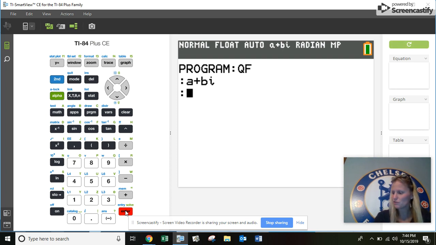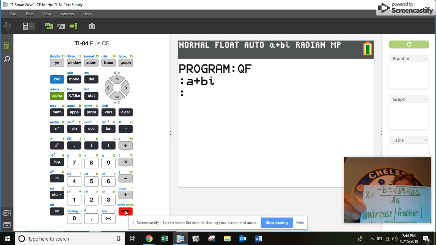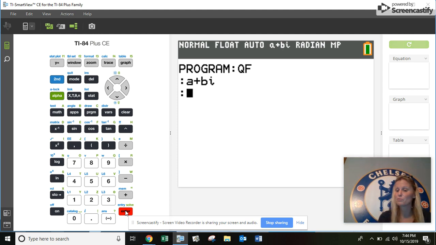All right, so if we look at the formula, let me hold it up again. Okay, here we go. There are three things you need for that formula, and those are A, B, and C. So I'm going to have the calculator prompt or ask us for those things.